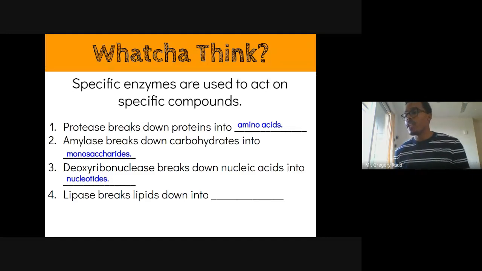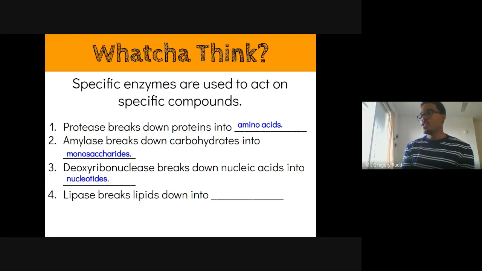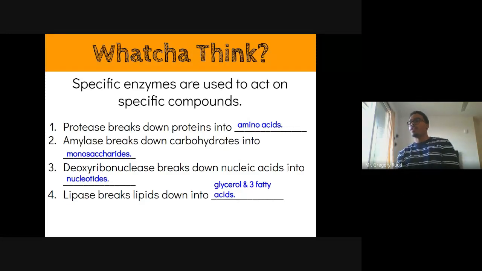And then lastly, number 4, lipase breaks lipids down into what? This is kind of always the awkward one. Glycine and 3 fatty acids. Thank you, Lisa. Glycerol and 3 fatty acids. Good.